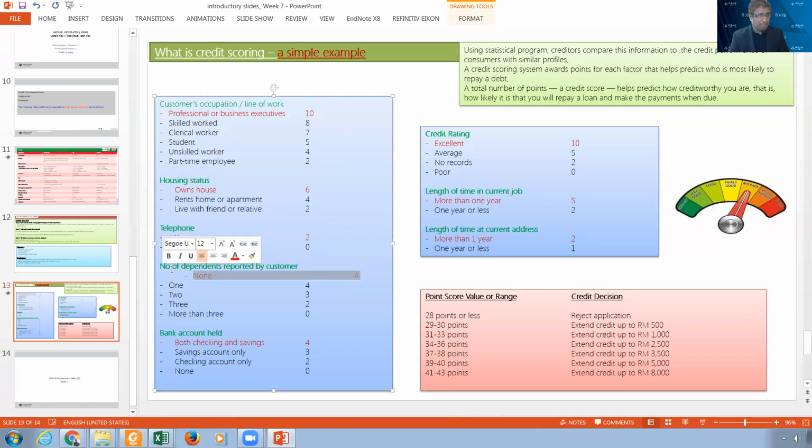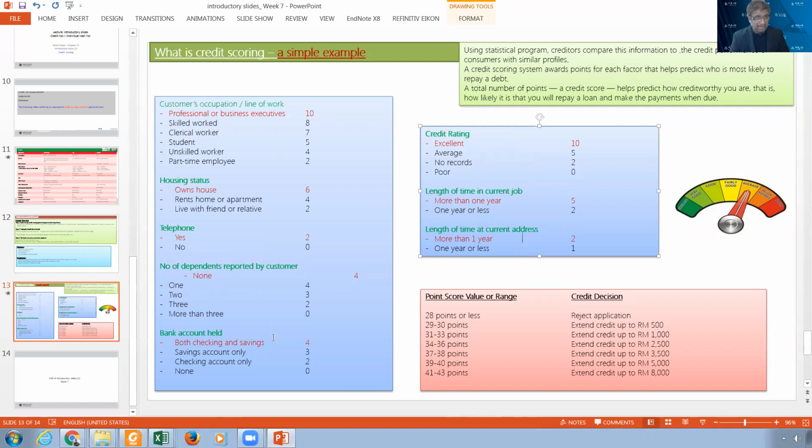Then you will have how many dependents they have, how many accounts they have, what is their credit rating in the system, whether they have defaulted before, whether they have been on the blacklist or left the blacklist, and how long they have been in the current job. Is he stable in the job or does he keep changing? And the length of time at his current address: is he just moving between addresses?